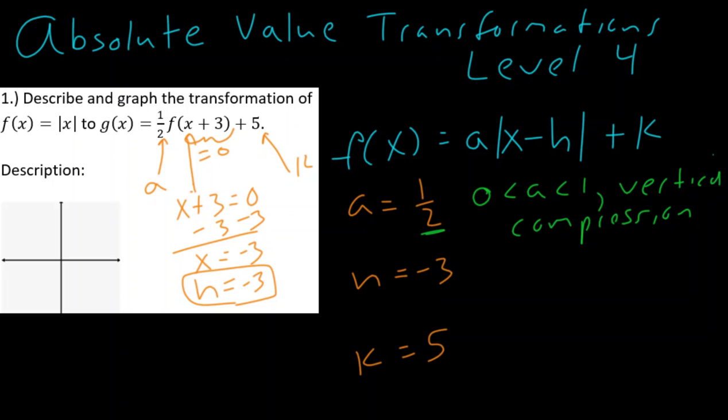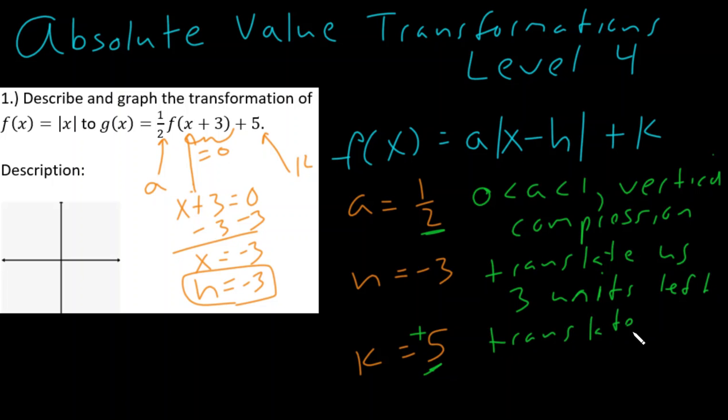For our h value, we see h is -3, so this is going to translate us 3 units left, okay? And here we have a k value of +5, so we know that this will translate us 5 units up.